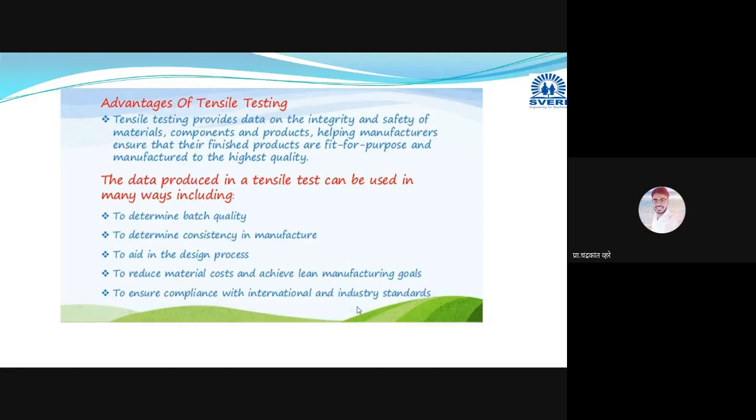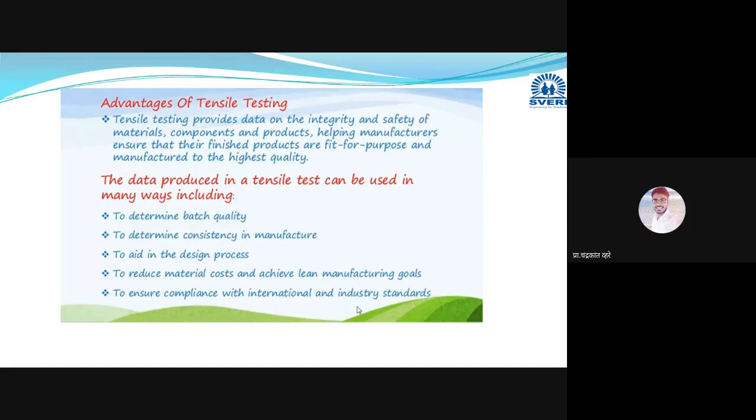Of course, not only for tensile, for every testing purpose. Why is testing required? To ensure that our product is manufactured good for use and will give the highest quality feedback to us.